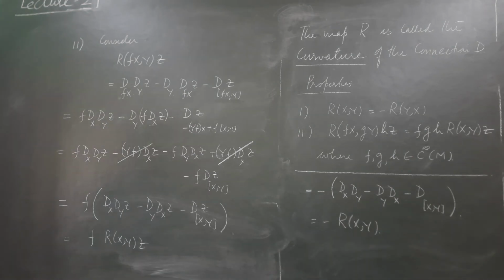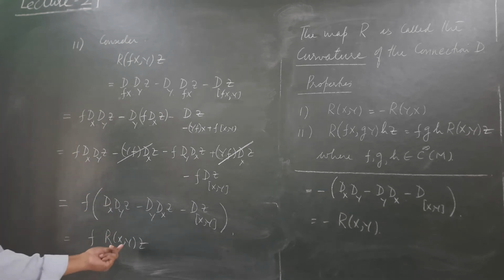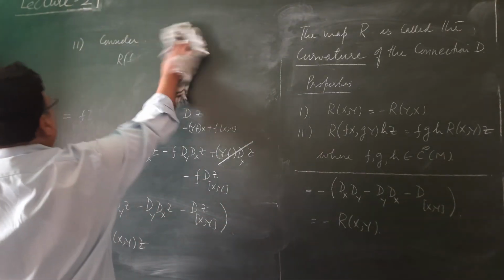So if f is sitting in the first place with x, it comes out. Now the skew symmetry suggests that if it is sitting over here, it will also come out by the same argument which I gave earlier for the torsion.